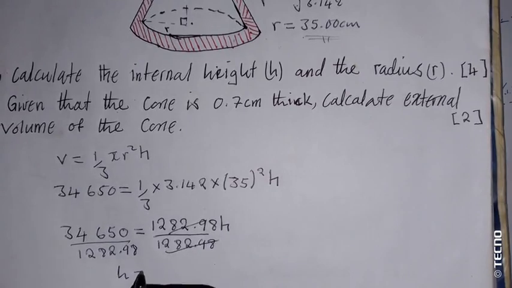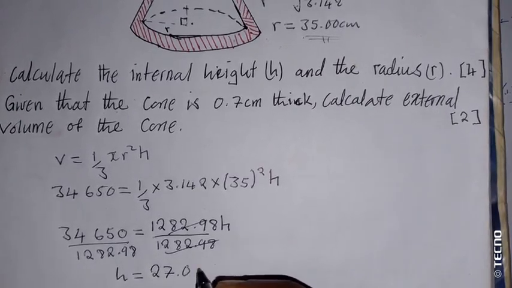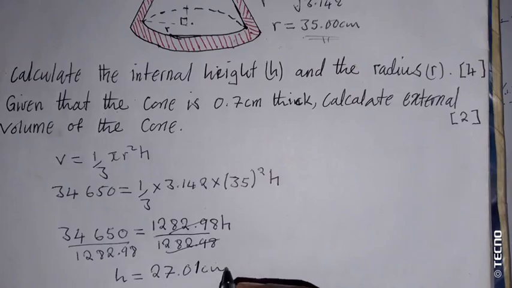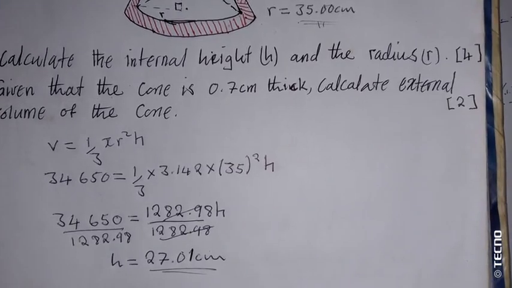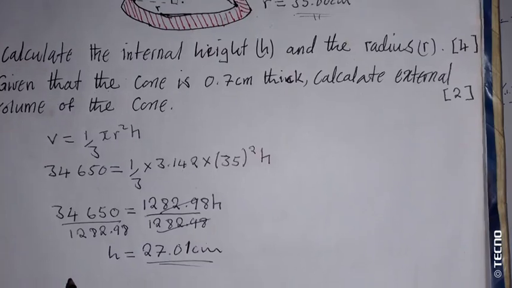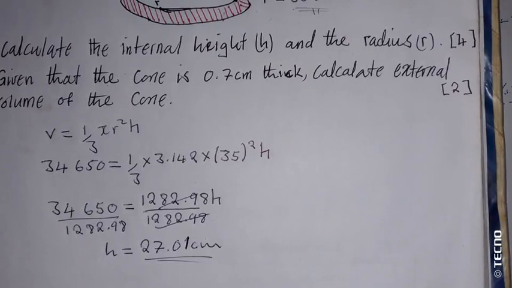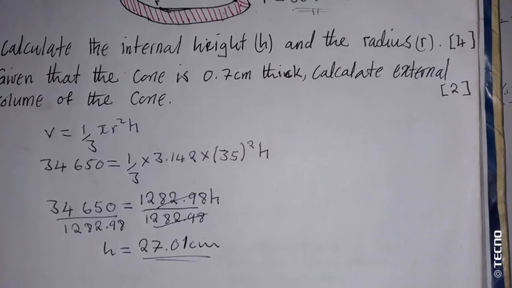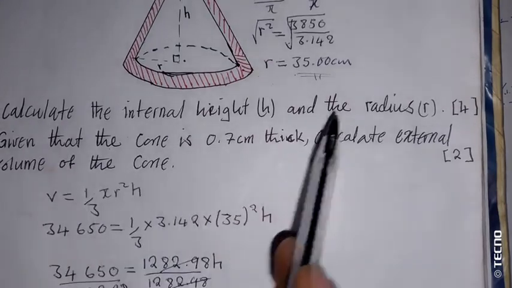Our h will be 27.01, so we round off to 2 decimal places. So this is the value of h. Our h is 27.01 centimeter. This is the answer, which means we are done with the first question.